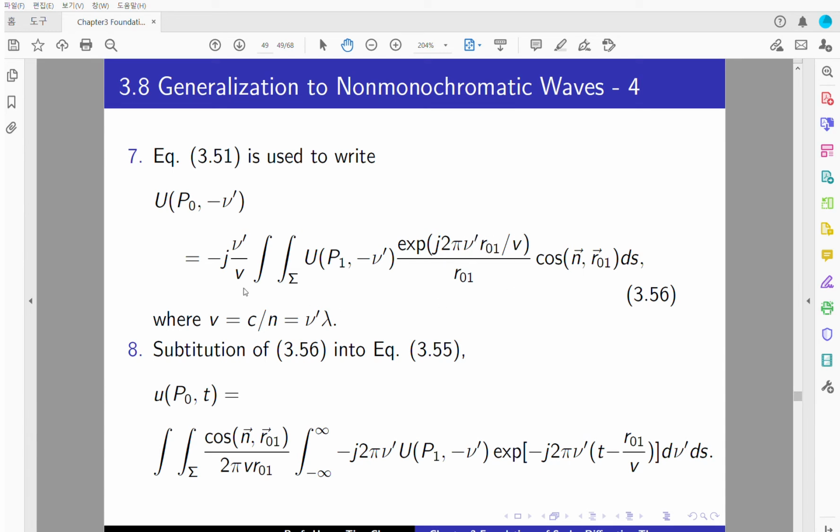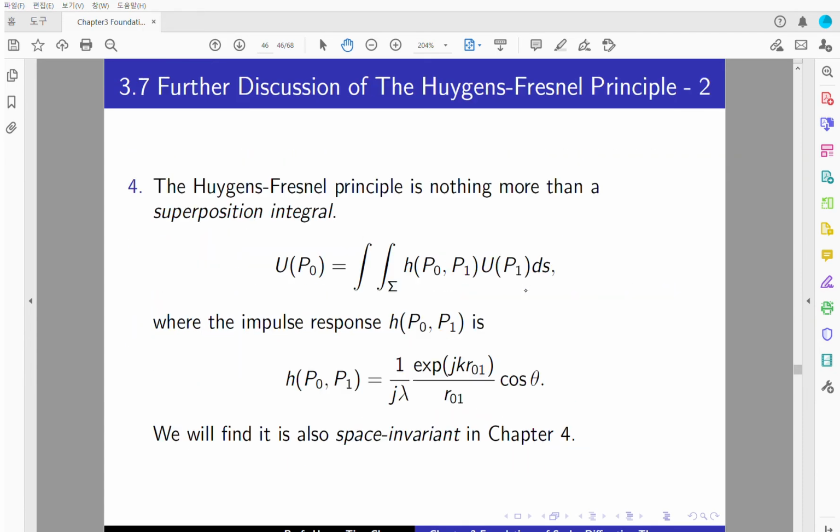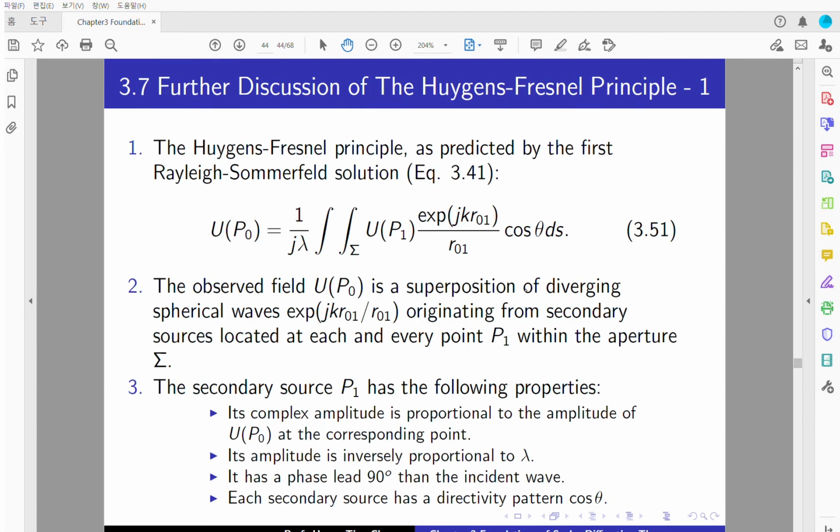Remember that this is nothing but this one, and this is what we are going to plug in. So let me write equation 3.51 here.